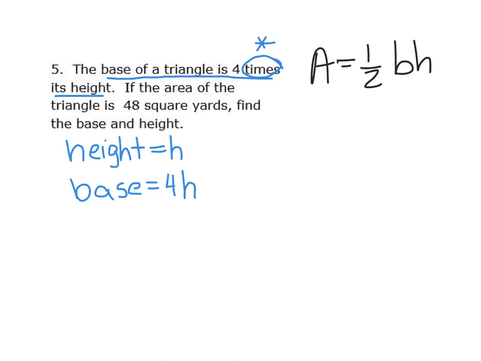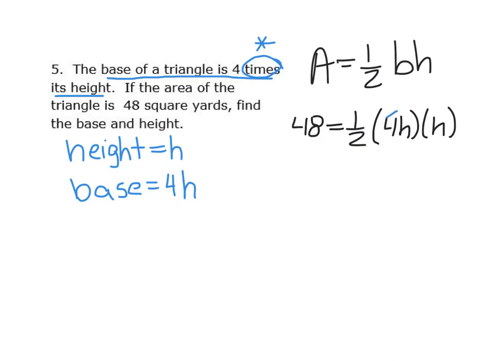This is important because we can now have base and height written in terms of h. Gives us one variable to solve instead of 2 in this equation. So 48 is going to equal 1/2 times my base, which is 4h, times my height, which is just h.